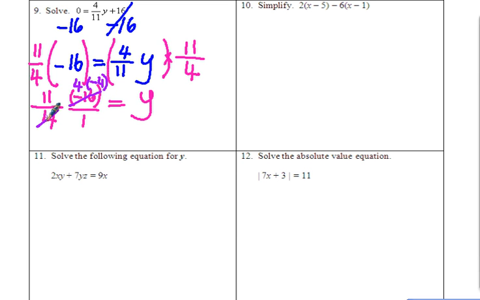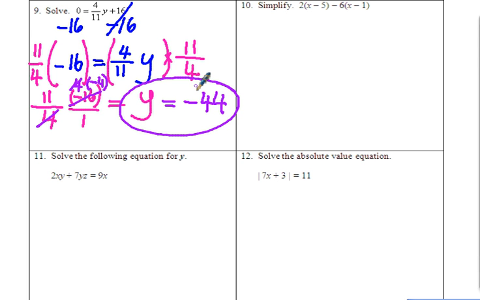And now this 4 and this 4 cancel each other out, and all we get is 11 times negative 4 over 1, which is negative 44. Pause it if you need. Go over it again, try to solve it, and I hope you get the same answer.